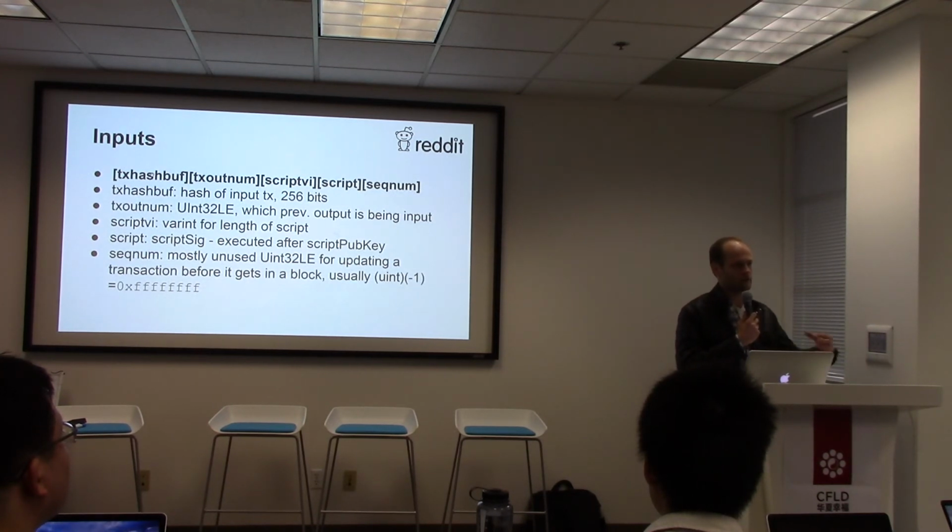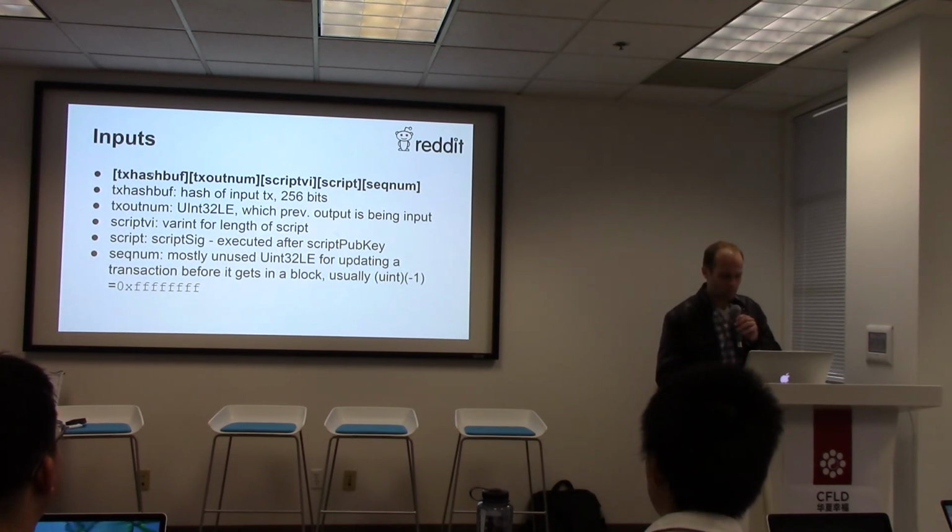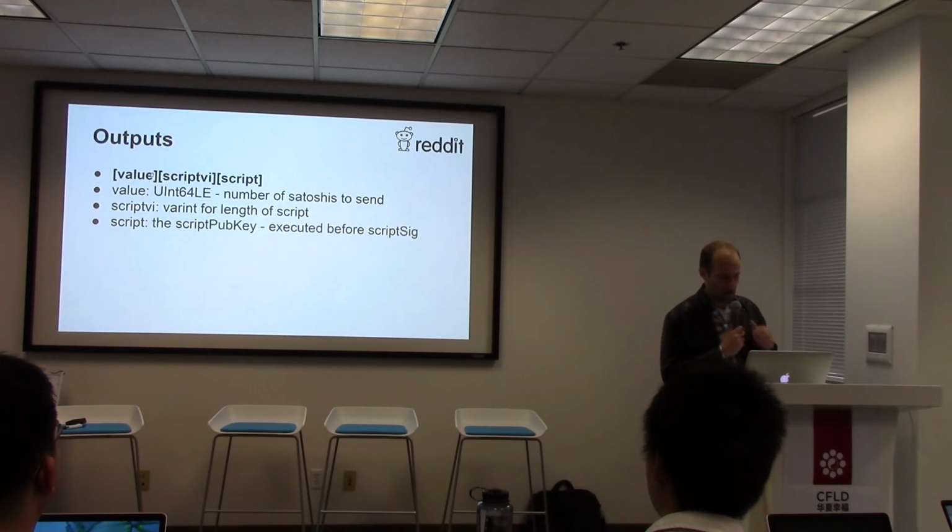It's just a way of signaling if you're off blockchain and sharing a transaction with somebody, you can update it, because there's a value in the transaction that can be changed. I'm not aware of any protocol rules. I'm pretty sure you can just use any sequence number and it doesn't actually matter. Okay, so those are inputs.